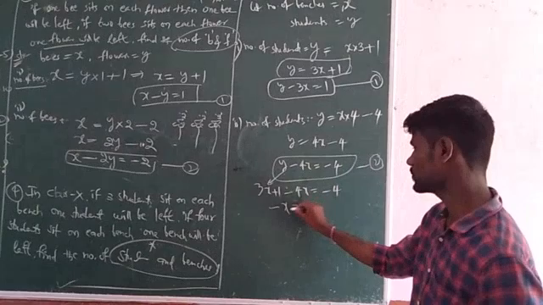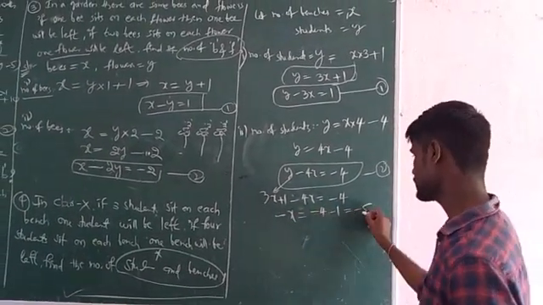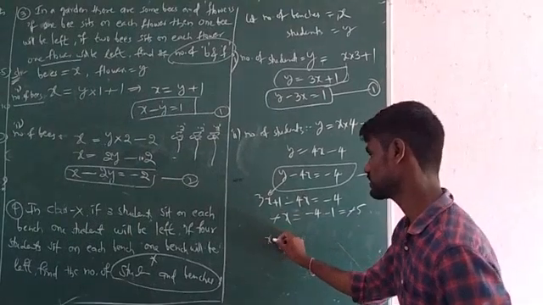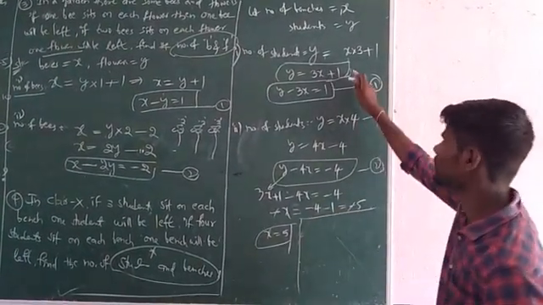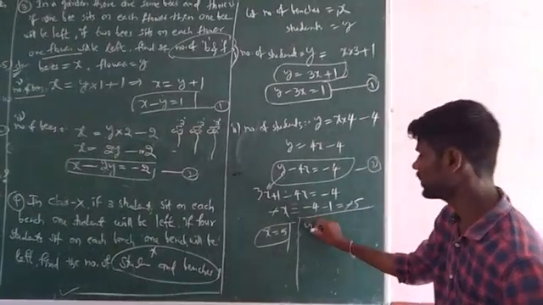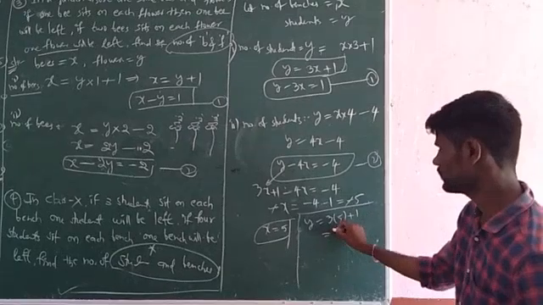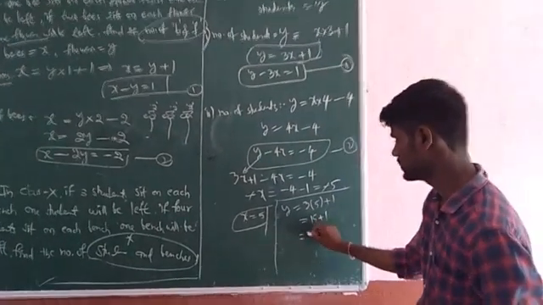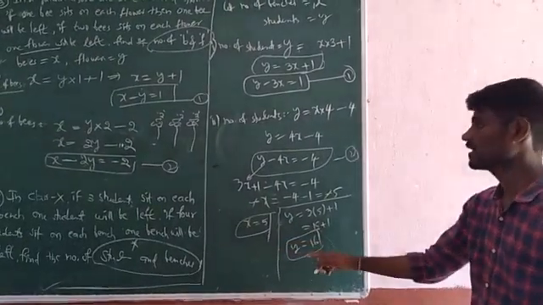If I transpose to the opposite side, minus 4 minus 1 is minus 5. Minus x equals minus 5. Minus minus cancel. x equals 5. Substitute x equals 5 in either equation; here y equals 3 into 5 plus 1. 3 fives are 15, plus 1, that is 16. y equals 16. x equals 5 and y equals 16.